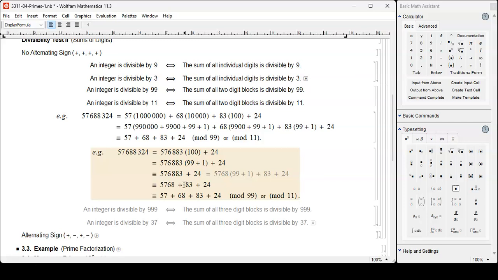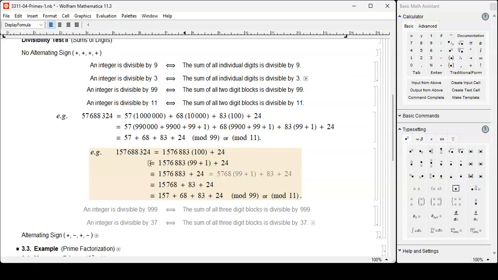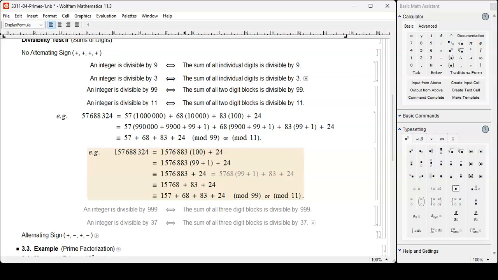Do it again, we take 83 and the rest. Do it again, next two digits, and the rest. And then what if we had an odd number of digits?